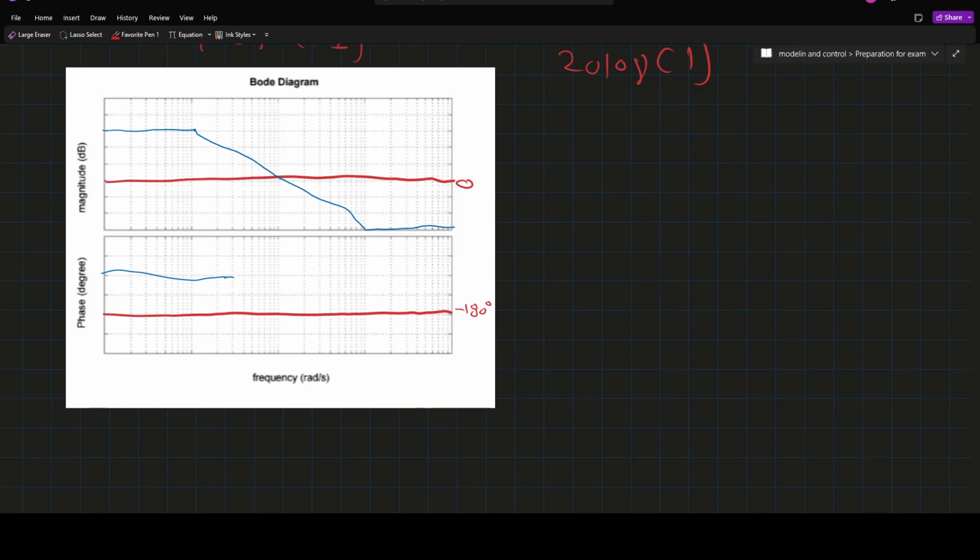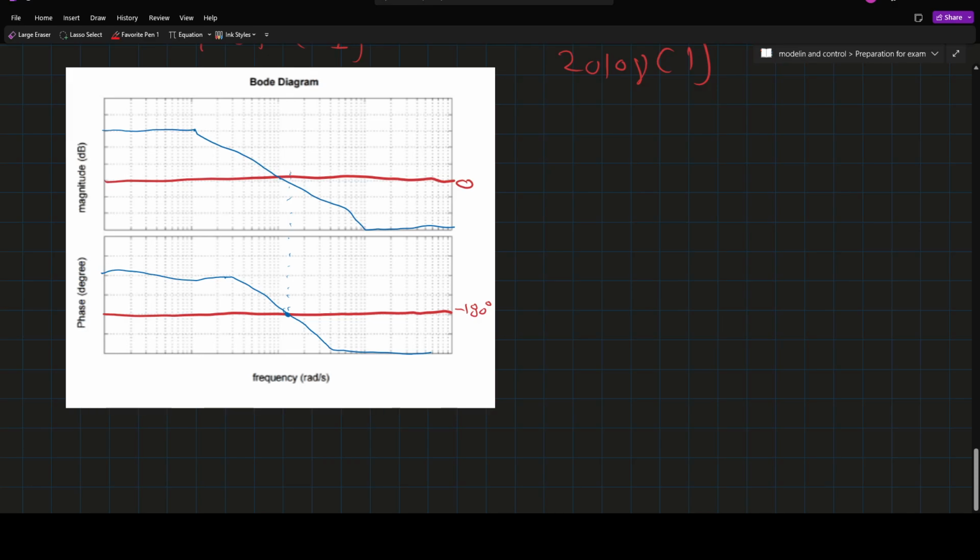So let's say that it looks something like this. Here at this point is where we have the frequency value that makes the system unstable.